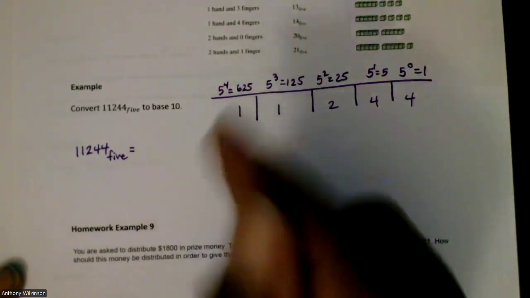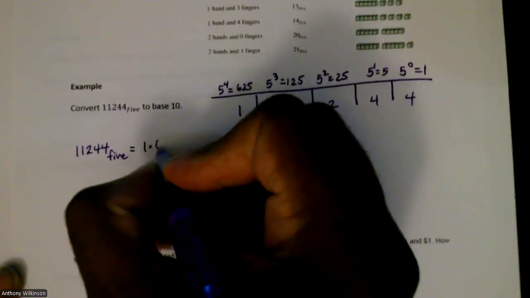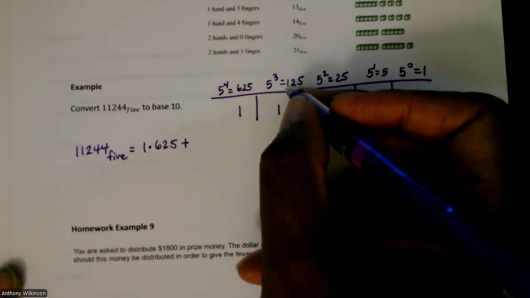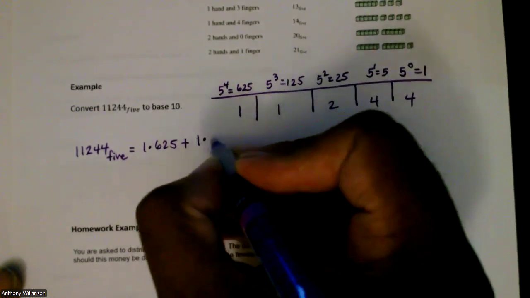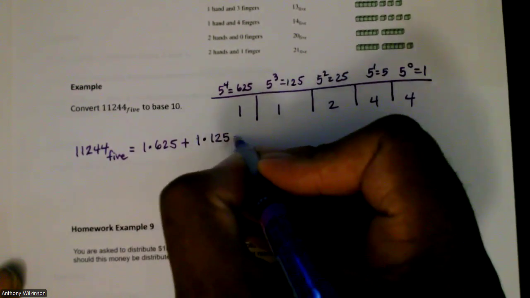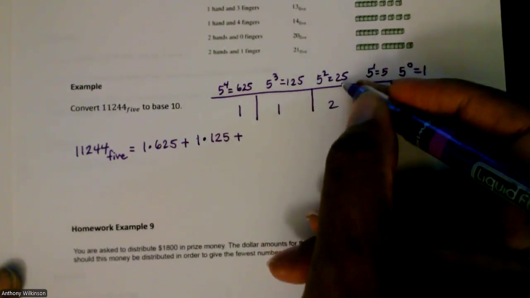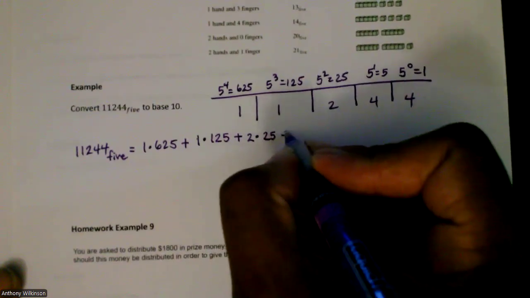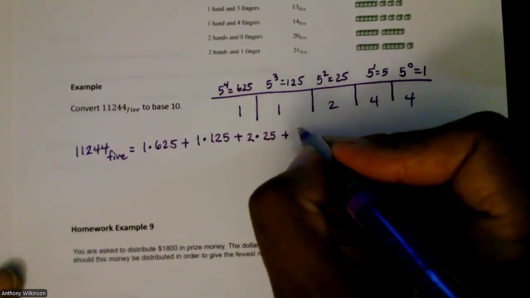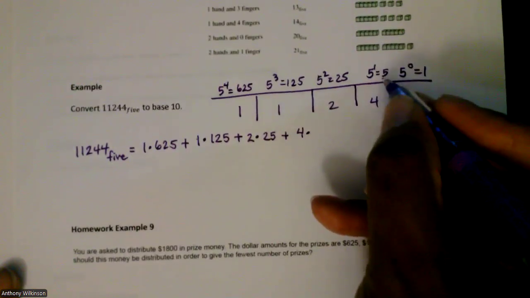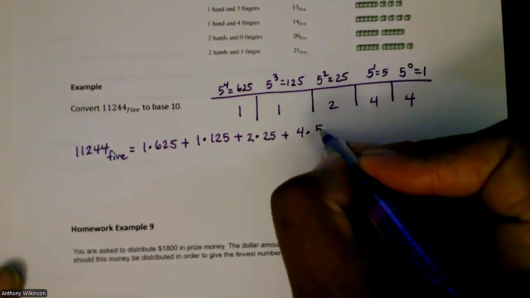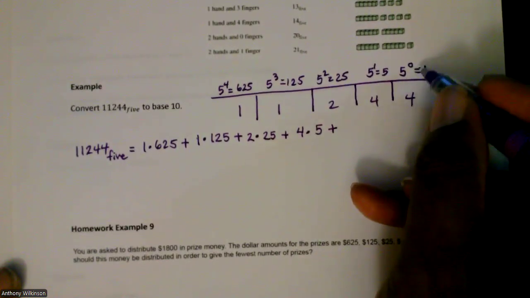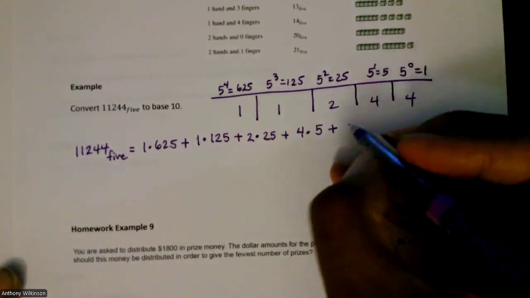So it'll be 1 times 625 plus the second one is under 125, so it'll be 1 times 125 plus this 2 is where 25 is at, so it'll be 2 times 25 plus this 4 is at 5 to the 1, which is 5, so it'll be 4 times 5 plus 4 times 5 to the 0. 5 to the 0 is 1, so it'll be 4 times 1.